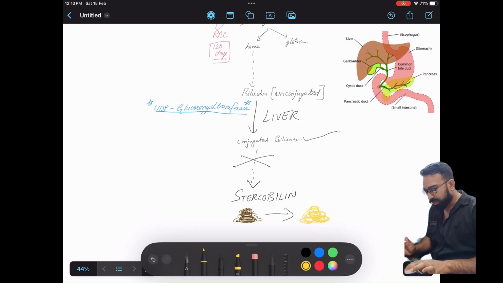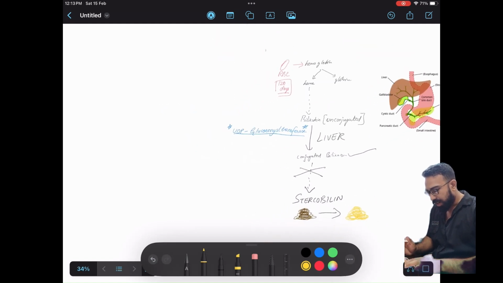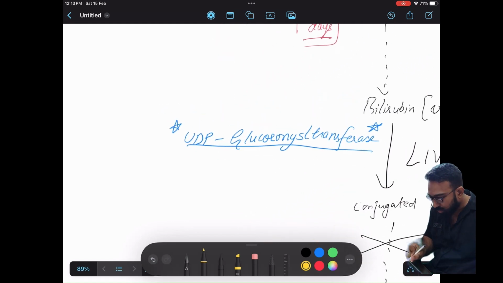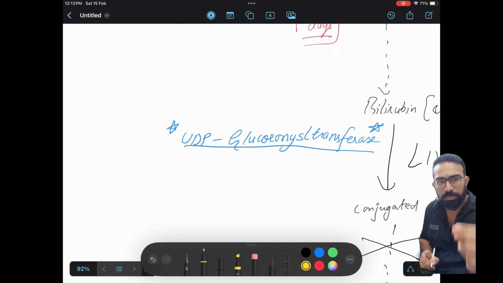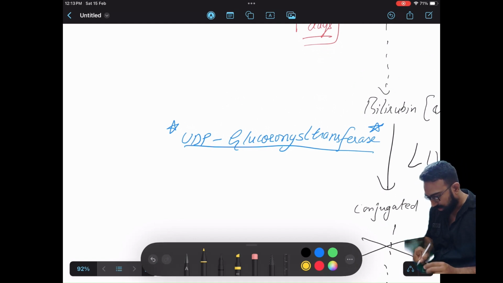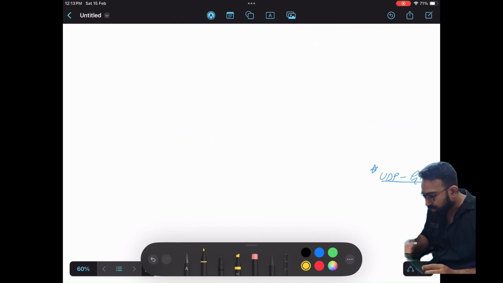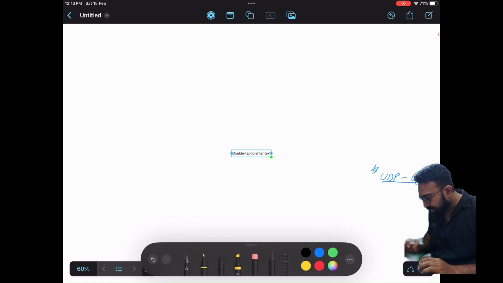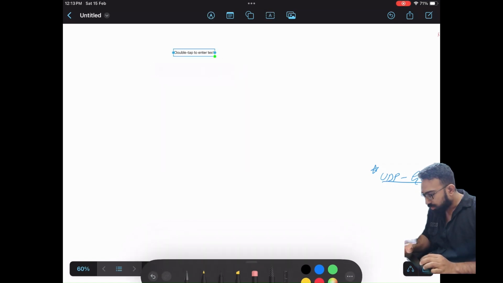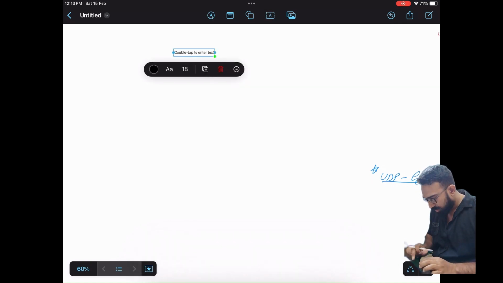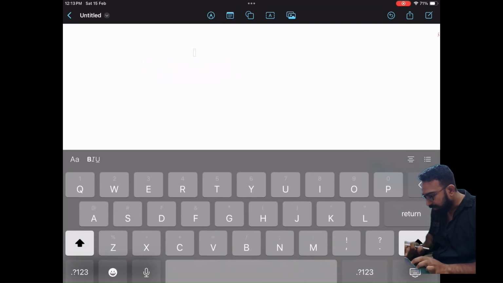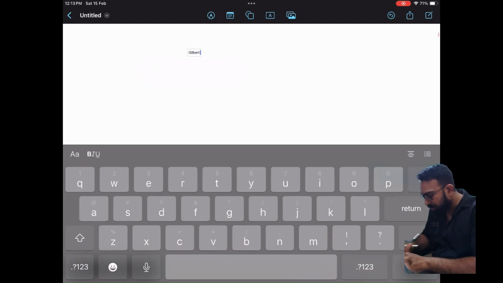Now coming to something very important. I had told you that this enzyme glucuronosyl transferase is an important enzyme. Why is it important? Because now we are entering the realm of pathology. There is something called Gilbert syndrome.